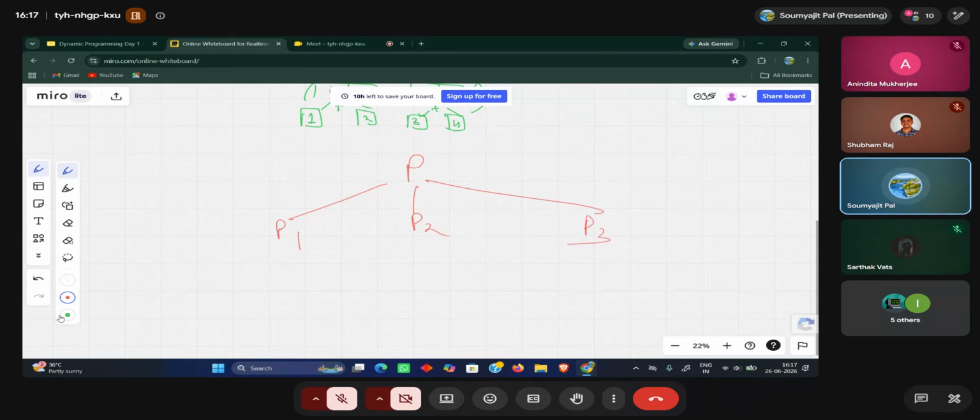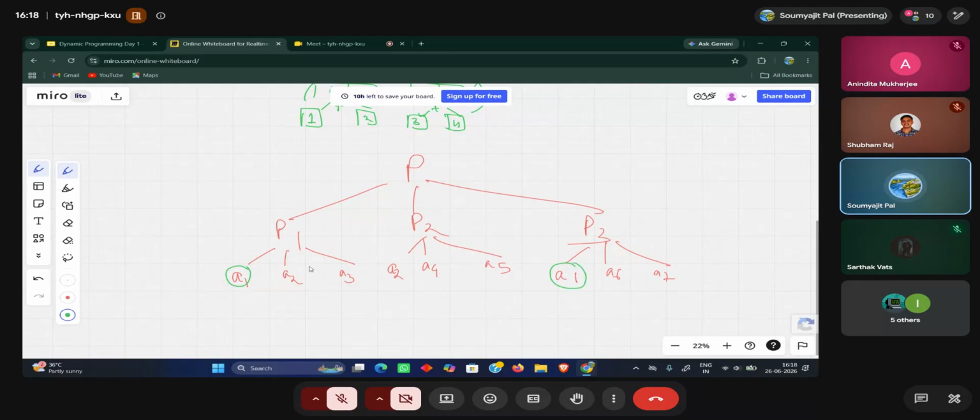Suppose this is divided into smaller subproblems A1, A2, A3, right? And this P2 is also divided into some subproblems A2 and A5, and this P3 is divided into A1, A6, A7.